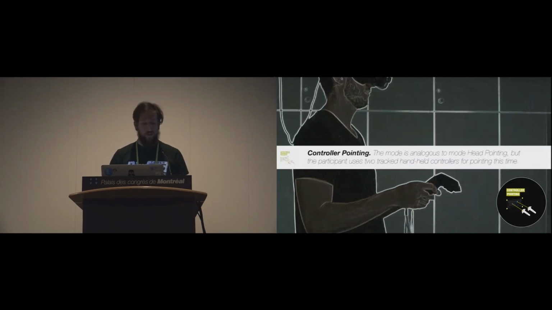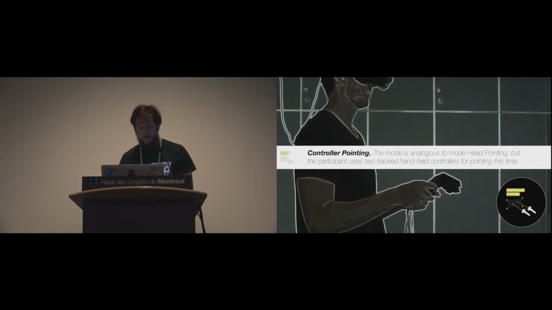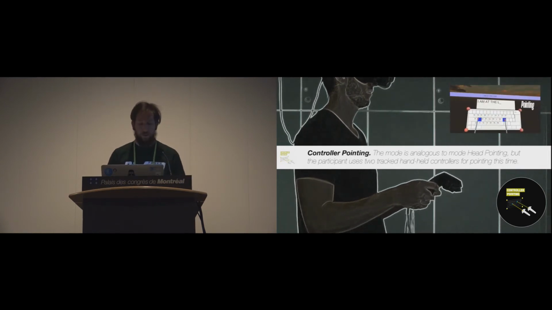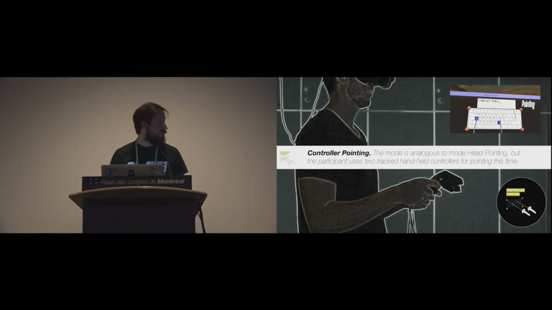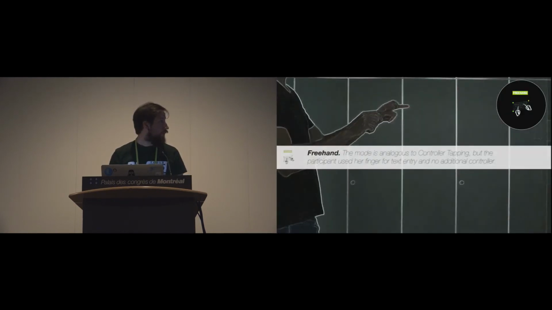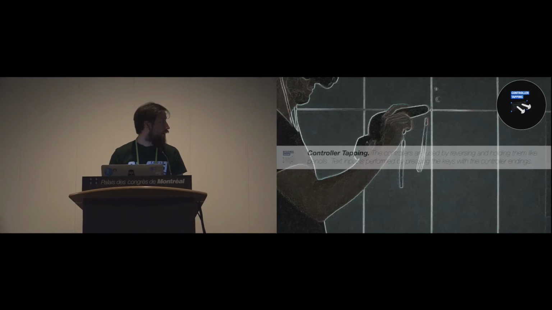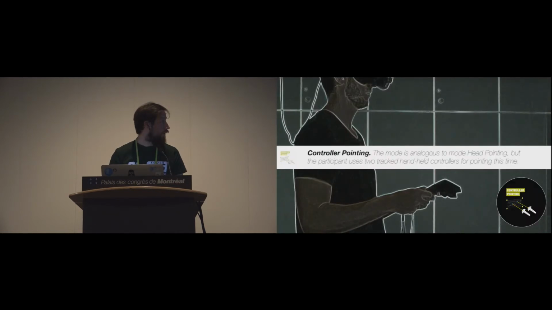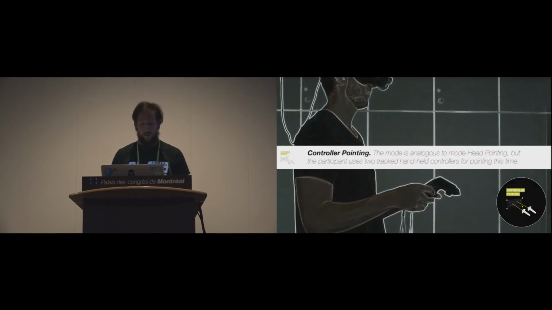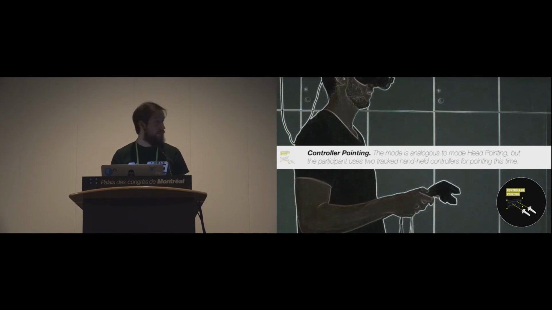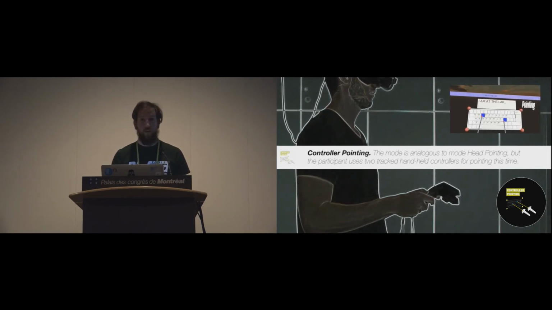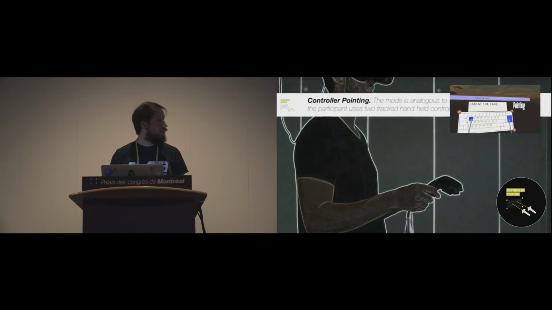The next one is the controller pointing method. It's analogous to the head pointing, but the participant uses the controllers for pointing instead of using the head, and triggers the input with the triggers.